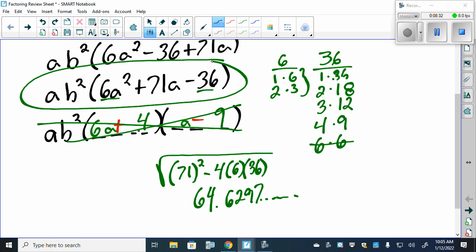So that there's as far as it goes. So it is factorable, but the only factor that we have is a greatest common factor. There isn't anything else that we have with it.